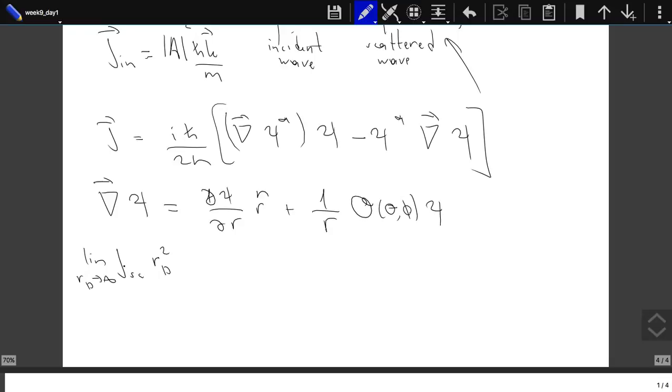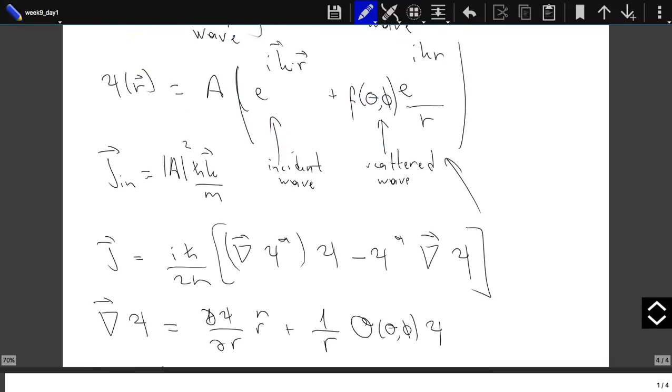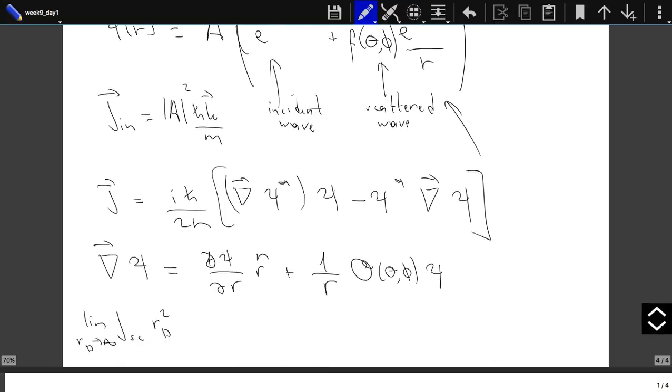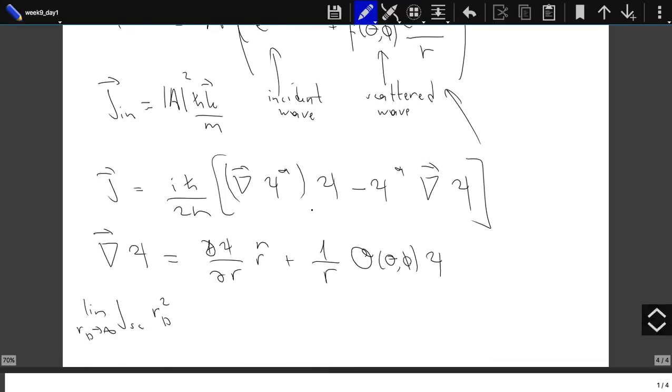Now if we take this limit, you see the scattered wave already has this 1 over r dependence. If you multiply two of them, you get a 1 over r squared already, only because of the wave functions themselves. Now if you have these terms over here, they have an additional 1 over r. Well, that makes 1 over r_d cubed. If you multiply it with r_d squared, it just goes to 0.